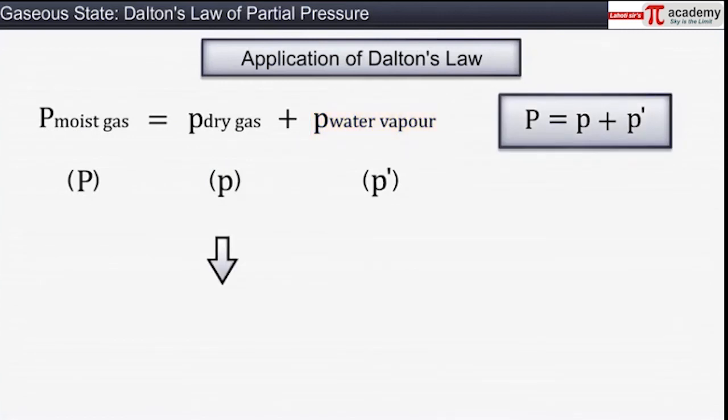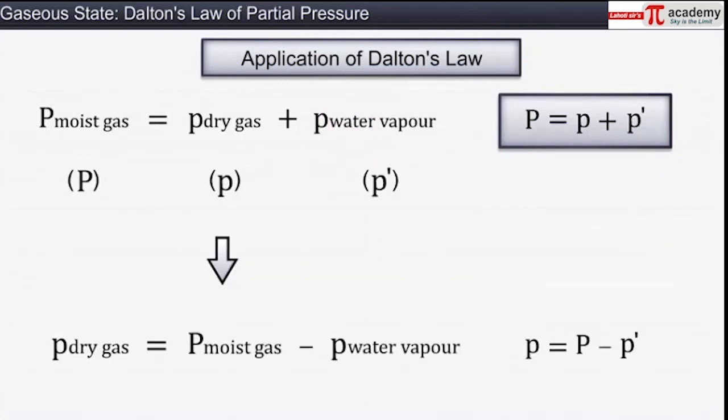By rewriting the equation, we get the partial pressure of dry gas P is equal to total pressure of moist gas P total minus aqueous tension P dash.